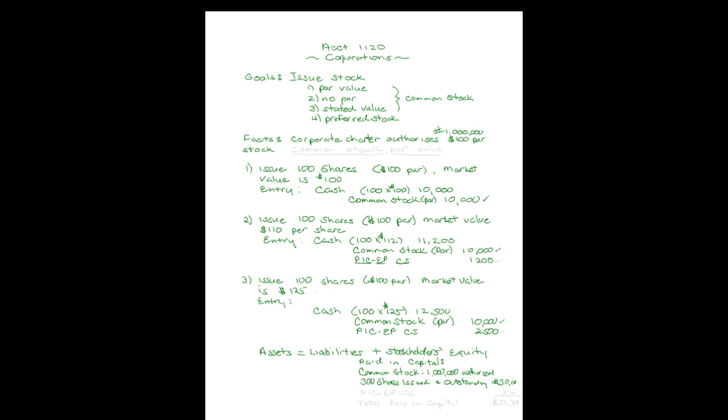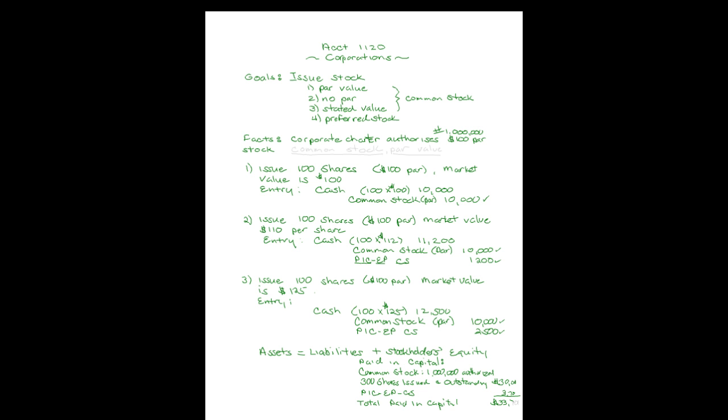Then it would also say paid in capital in excess of par value for common stock, and in it would have 1,200 plus 2,500 or 3,700. So our total paid in capital on this balance sheet would be the sum of the two, which would be 33,700.